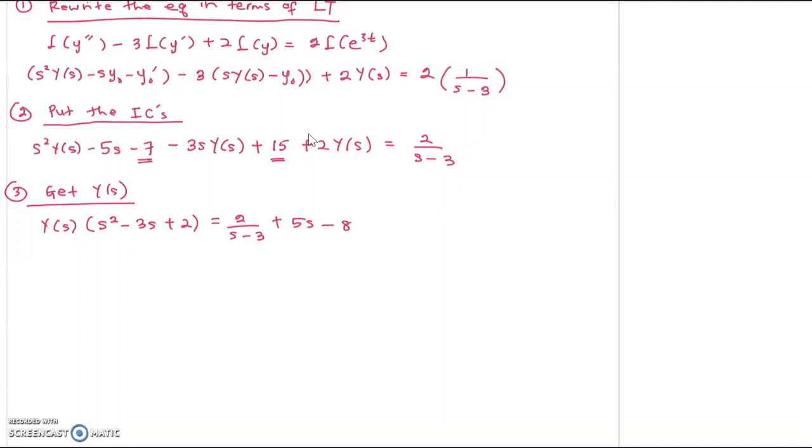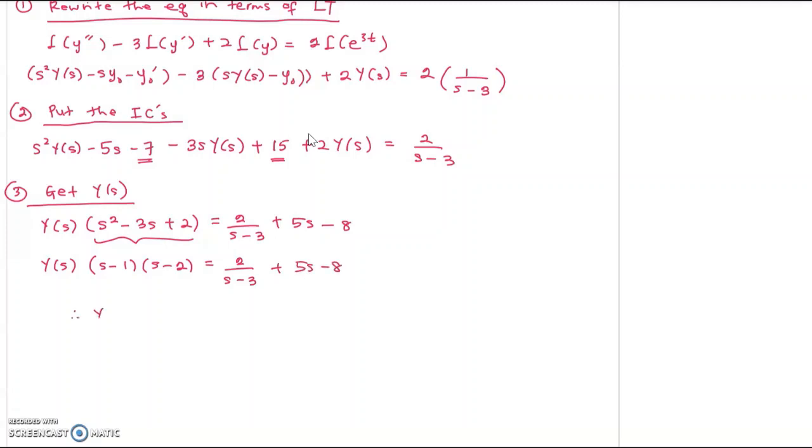Okay, which means that Ys then, before that you can see these terms here can be written in the form of bracket times bracket. So try to simplify your quadratic expression, because in the previous subsection we have seen that it should be written in this form if possible. Otherwise you do the completing the square. So at the right hand side, this is 2 over s minus 3 plus 5s minus 8.